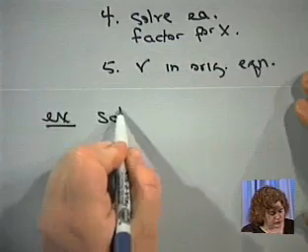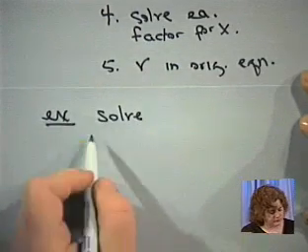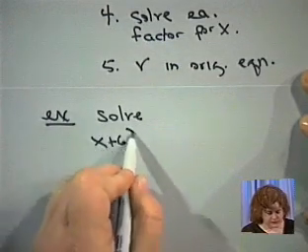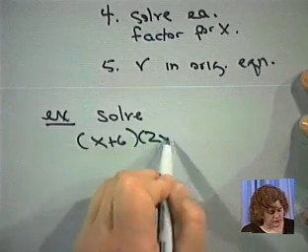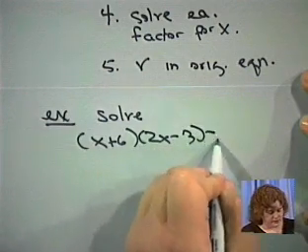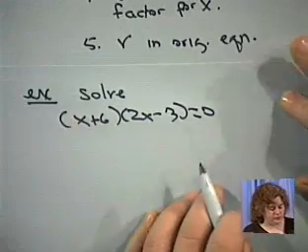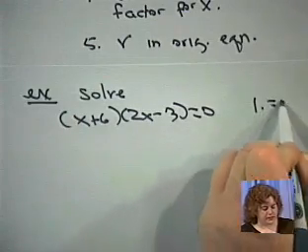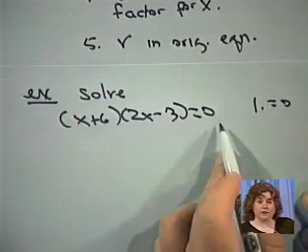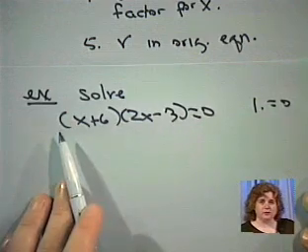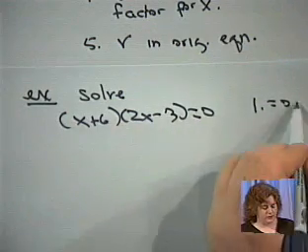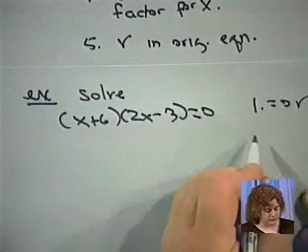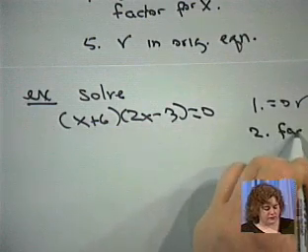Let's take the case where we need to solve x plus 6 times 2x minus 3 equals 0. And let's just step through this recipe. The first step is to get it equal to 0. That's already done for us. Everything with a letter is on one side, and we just have the number 0 on the other. So we're good. Second thing is to factor.